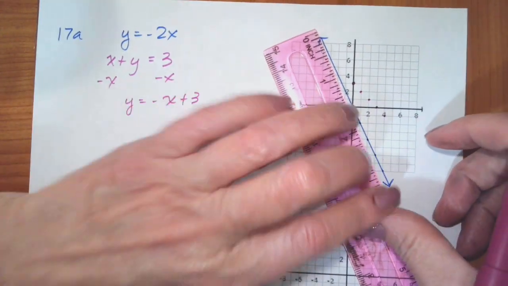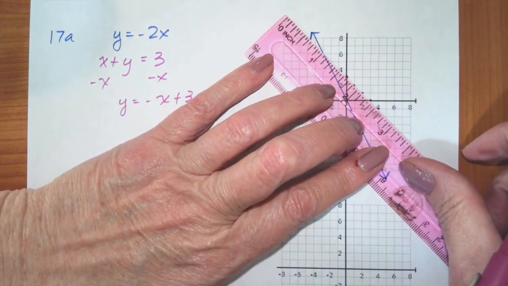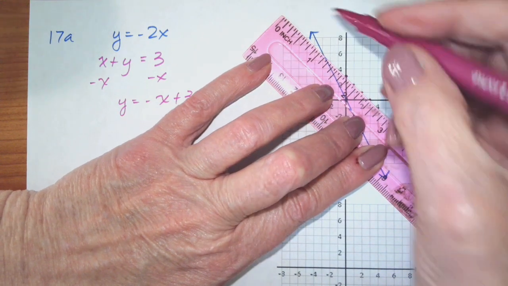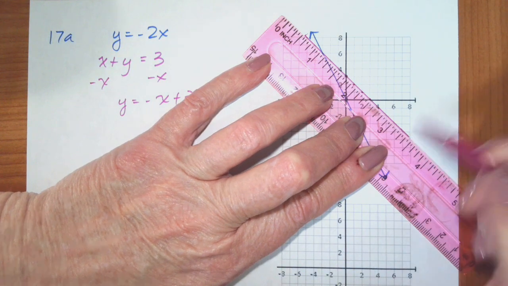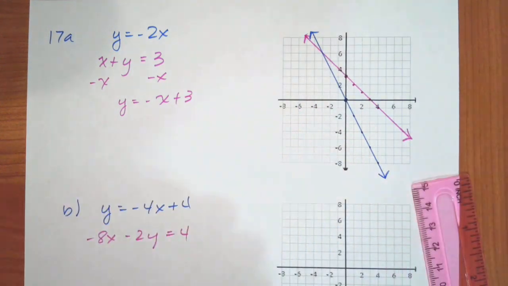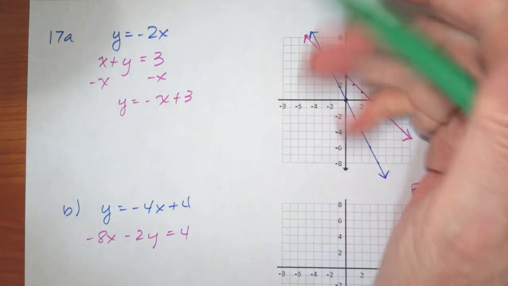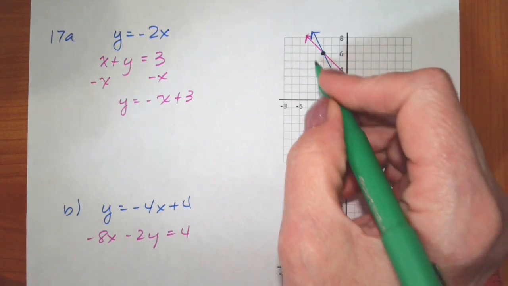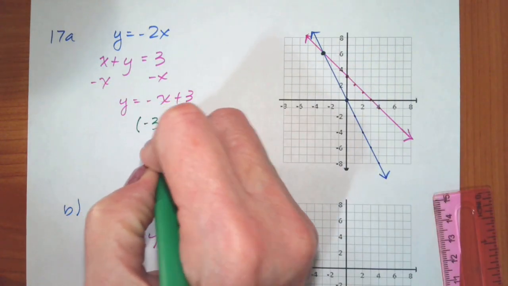The slopes are different, so I know they're going to intersect somewhere, somehow. And so if I connect these dots, I can see that they intersect at this point here. That is my solution, and that is the point negative 3, 6.